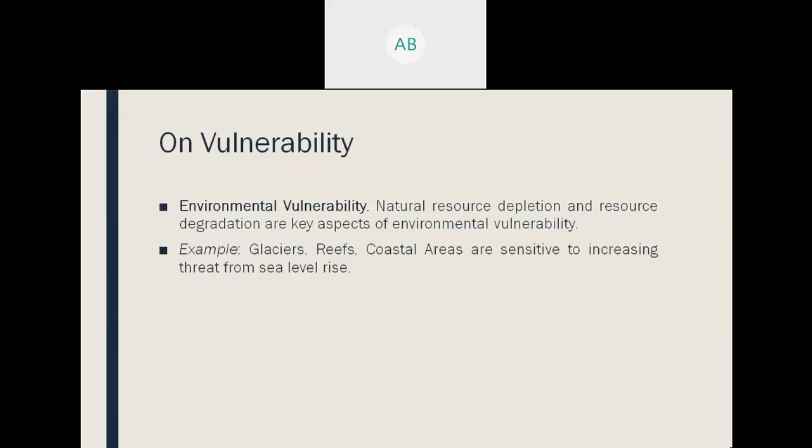Another example is the glacier. The glaciers are very sensitive to the rise of temperature. I can give you plenty of examples where glaciers are melting, whether the Himalayan glaciers, the glaciers in the Alps, or the glaciers in the Andes mountains. All these glaciers are starting to melt.